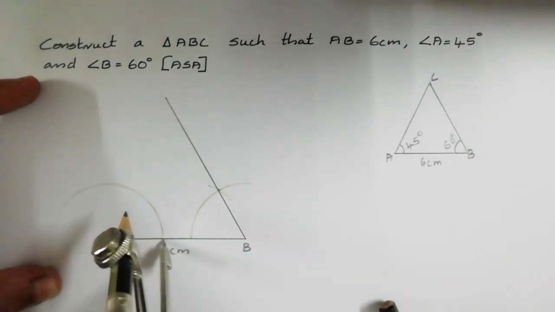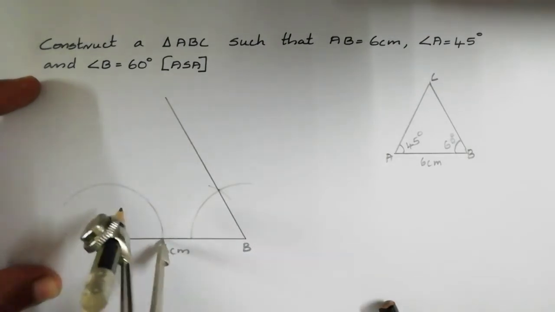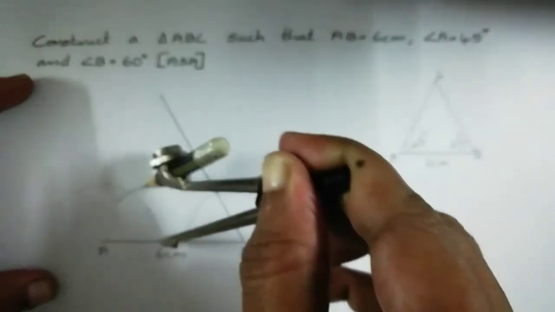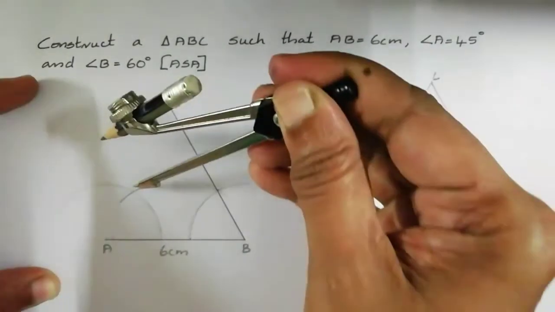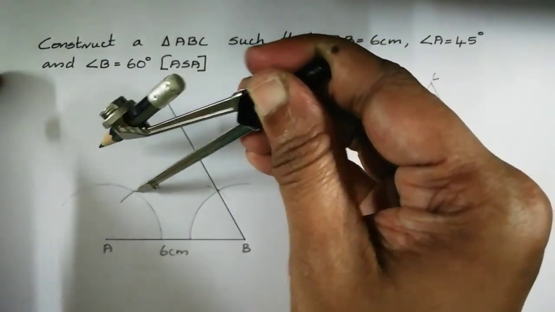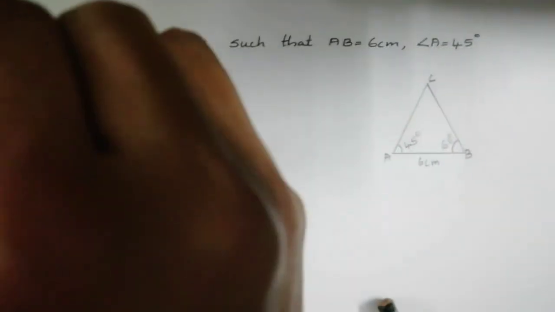With this point as center, with the same radius, draw an arc. Again, this point as center, with the same radius, draw one more arc.